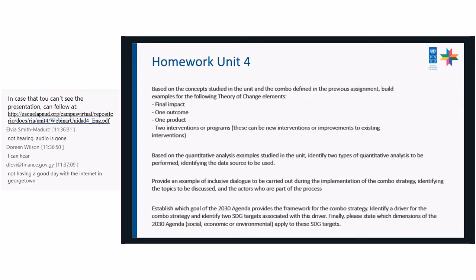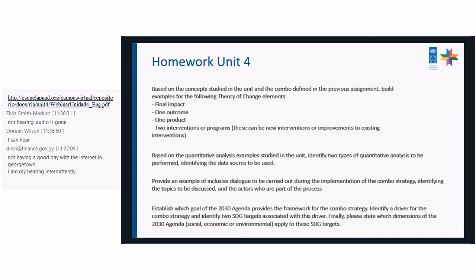All the information to make up these elements is in the document of Unit 4, and it's important that you are very brief and do not complicate this too much.